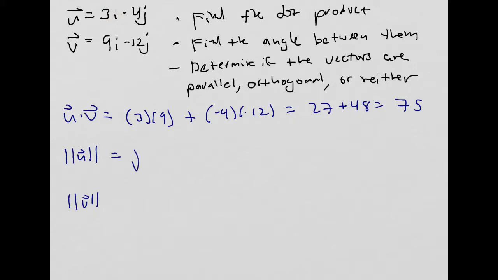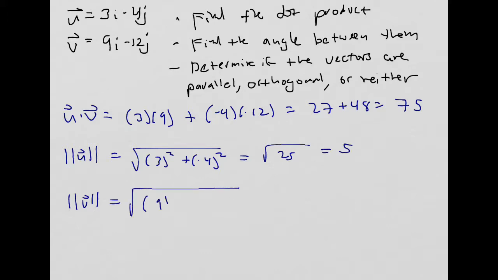So that'll be the square root of 3 squared plus negative 4 squared. That gives us 9 plus 16, which is 25. So the magnitude of u is 5. The magnitude of v then would be 9 squared plus negative 12 squared. That gives us 81 plus 144, which is 225. So the square root of that should be 15.